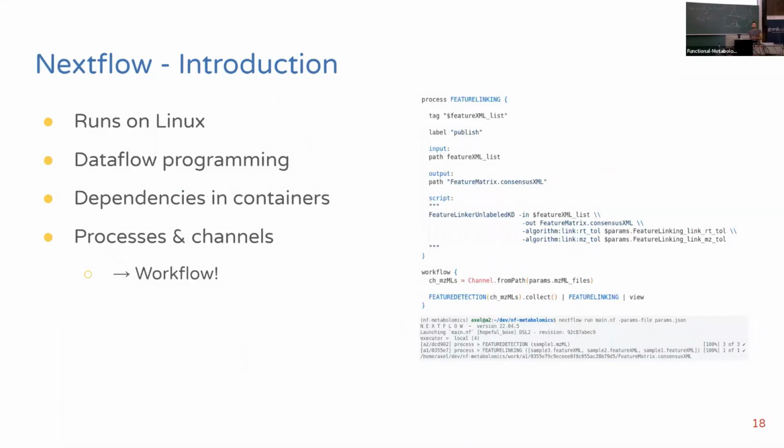Nextflow runs on Linux and only Linux, so you would need a server or a PC that does that, because Linux in the server world is slightly the standard nowadays. It follows the Dataflow programming paradigm, as we've seen before, and you can manage your dependencies easily in containers. The unique thing about Nextflow is that it has processes and channels from which you will build your workflow.